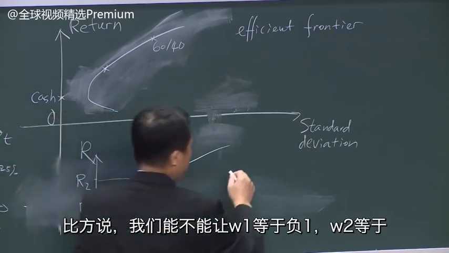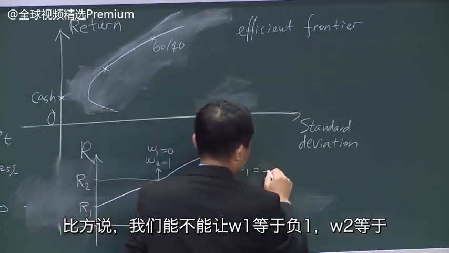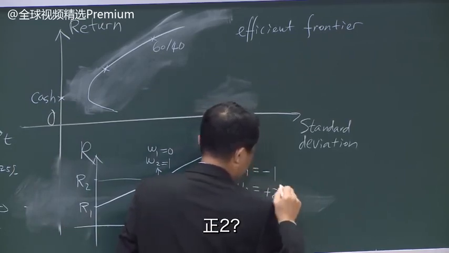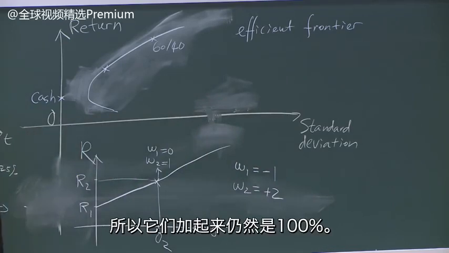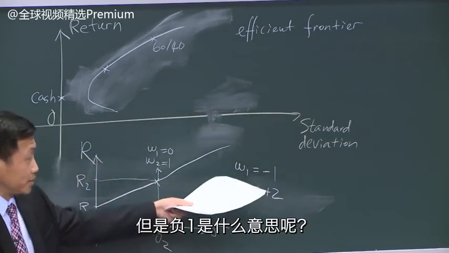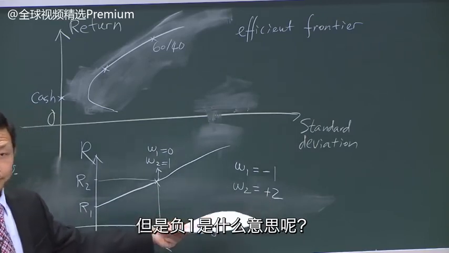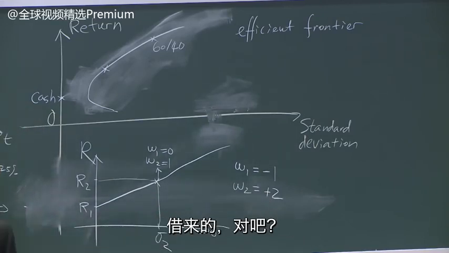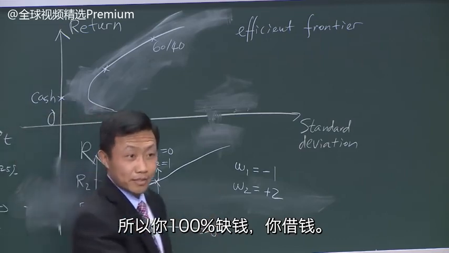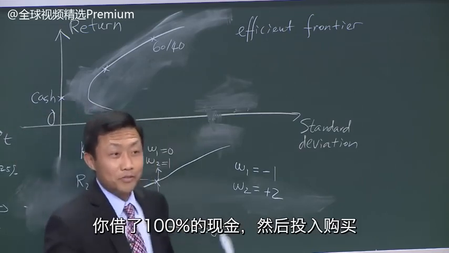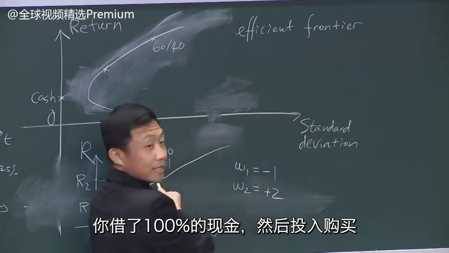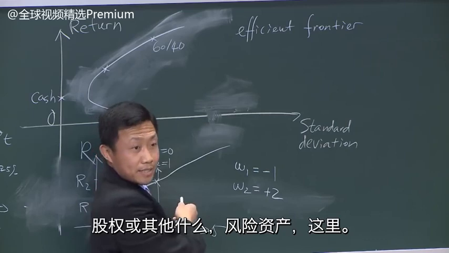So let's say, can we have W1 equal to minus 1, W2 equal to plus 2? So they still add up to 100%. But what does negative 1 mean? Borrow, right? So you went short cash 100%. You borrow money, you borrowed 100% of cash, then put it into equity or whatever risky assets here.